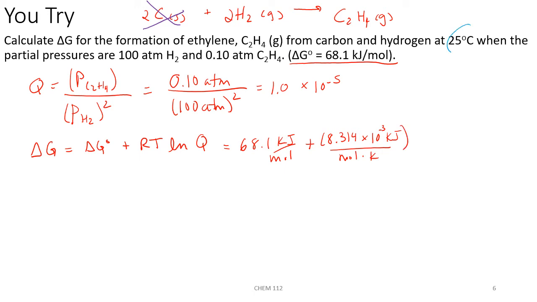The reaction was run at 25 degrees Celsius, so our T will be 298 Kelvin. And lastly, times ln of Q, which will be ln of 1.0 times 10 to the negative fifth.